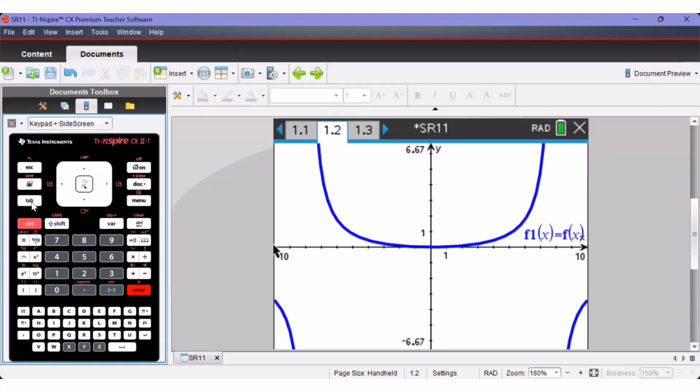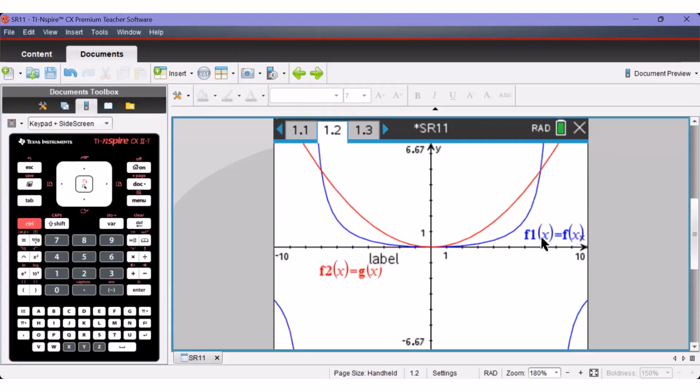Then if I press tab, it brings up the entry line again, and this time we'll type in g, open bracket, x, and press enter. Now, the picture at the moment doesn't really look like the diagram in the question, so we need to think about changing the window so that it looks a lot like the diagram in the question.